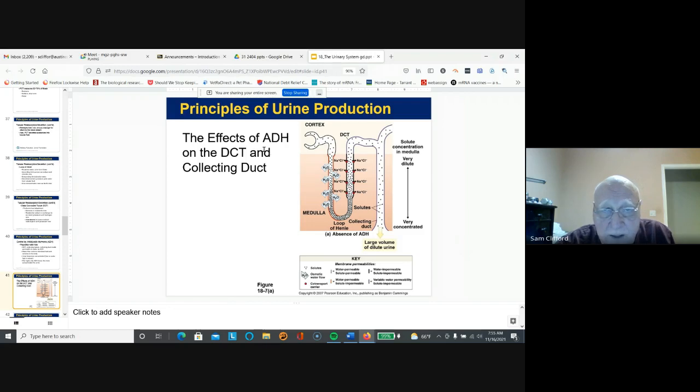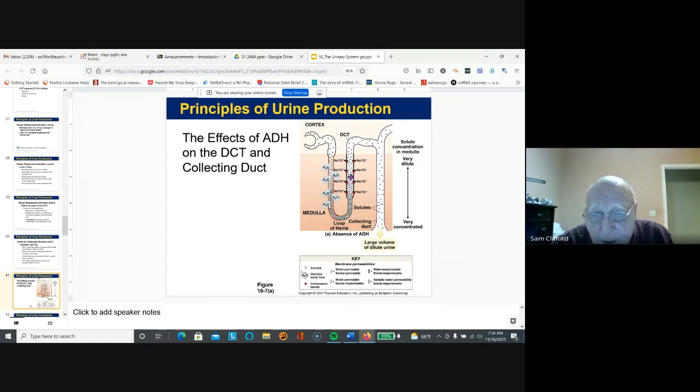So here's the effect of ADH on the distal convoluted tubule. So you have the glomerulus, the proximal convoluted tubule, the loop of Henle, the descending limb is permeable to water.